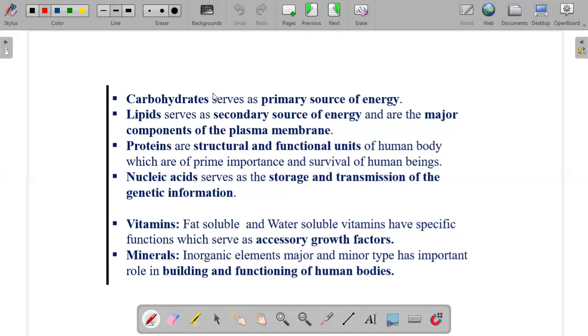So now let's look at some of the functions. For example, carbohydrates are the primary source of energy. Most of the time during metabolism, we get the glucose molecule and break it down into pyruvate, right? Notice that in the process of breaking down this glucose molecule by glycolysis, you'll be producing ATP.